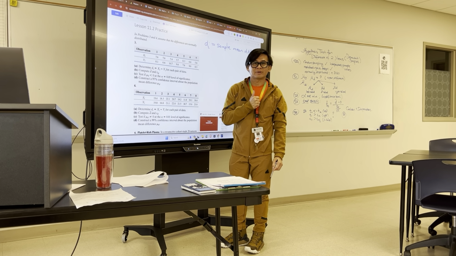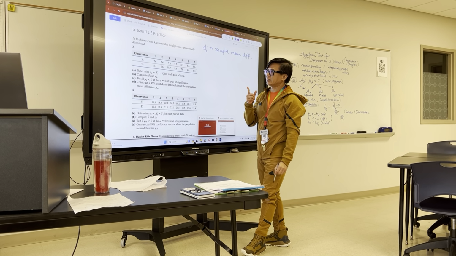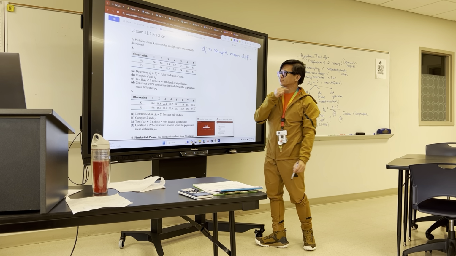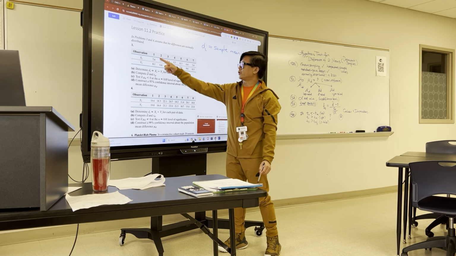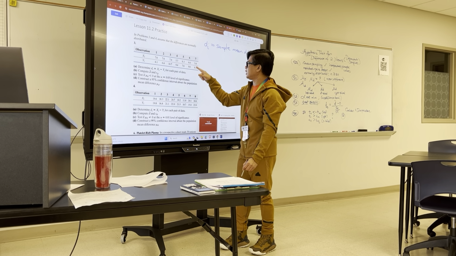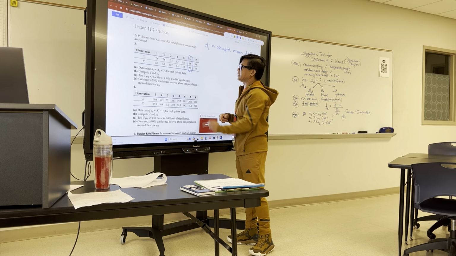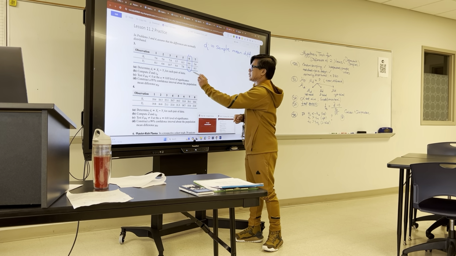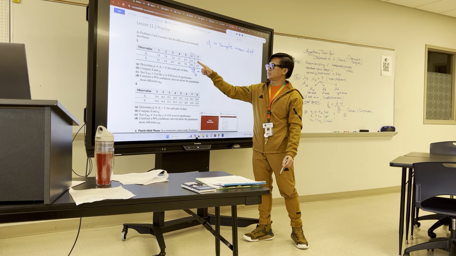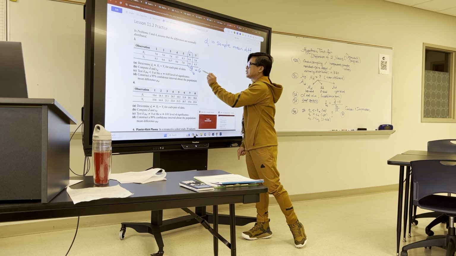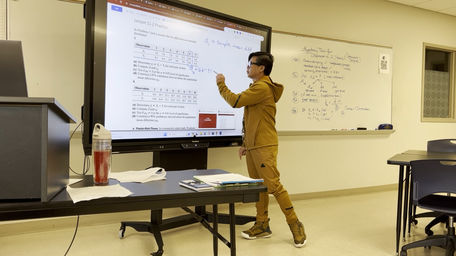Let's read now. For example, for D6, the 6th data set, what is D6 equal to? D6 is 6.6 minus 9.0.